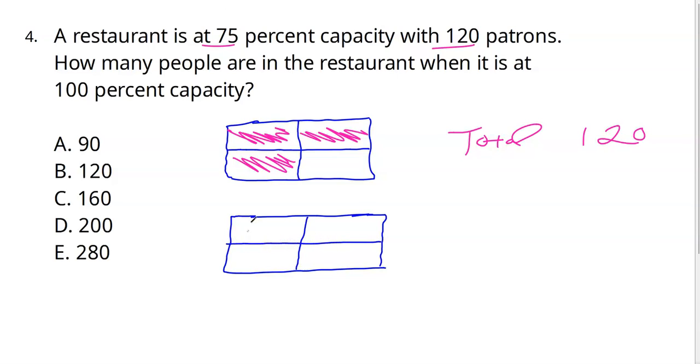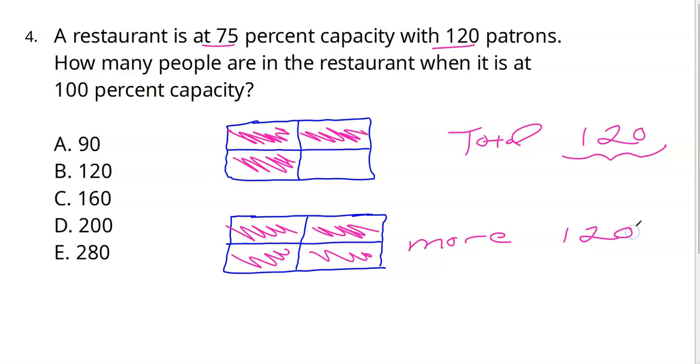And now it's 100% full. The whole thing's full. So you know there's going to be more than 120. Because if it's 75% full, there's 120 people in it, so if it's 100% full, then there'll be more people. My answer has to be greater than 120.